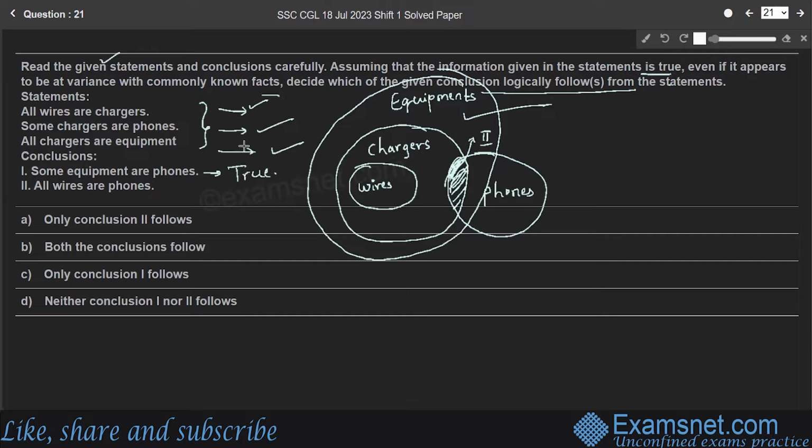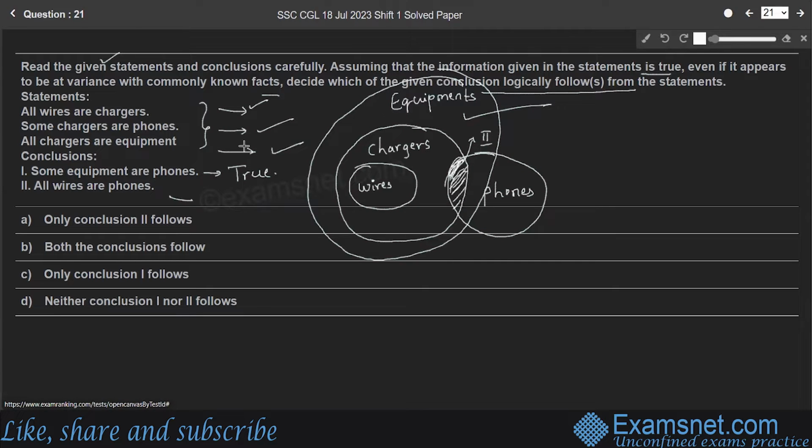It follows, right? Whereas the second one, all wires are phones. Here there is no relation between phones and wires, right? But it can be possible if the set of wires is included here, so that the first statement is satisfied. Only then is it possible.